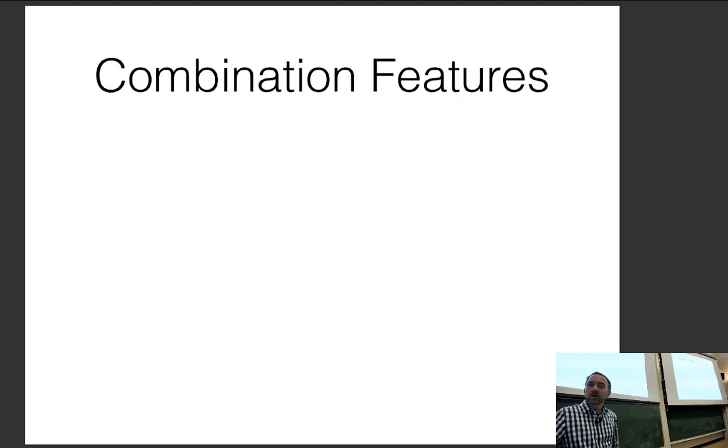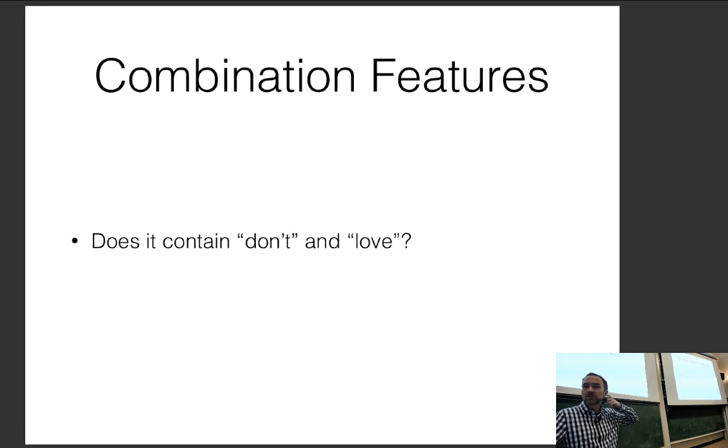So what we need are combination features. To give a very simple example of a combination feature, this isn't the greatest one, but what if we don't look at whether the sentence includes love, but we look at whether it includes don't and love at the same time.